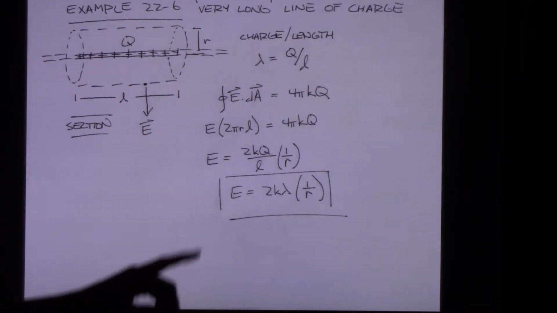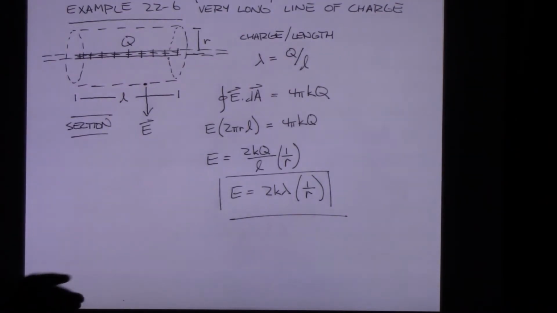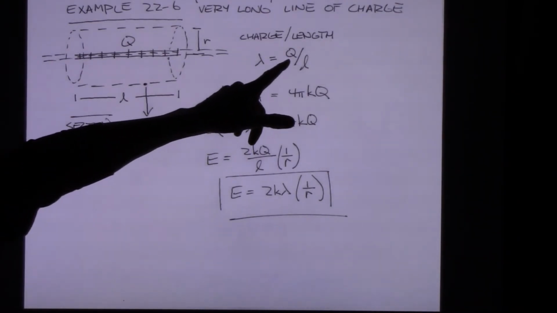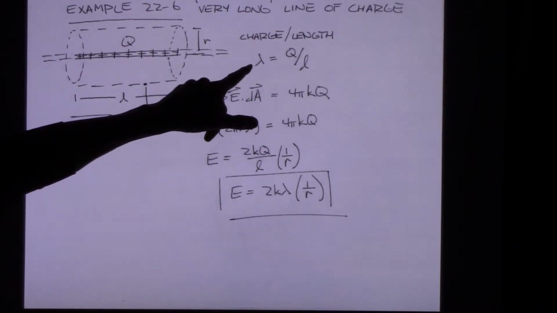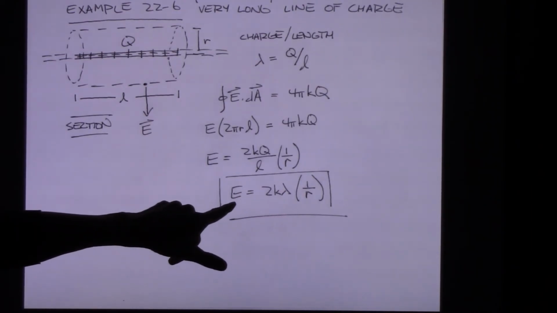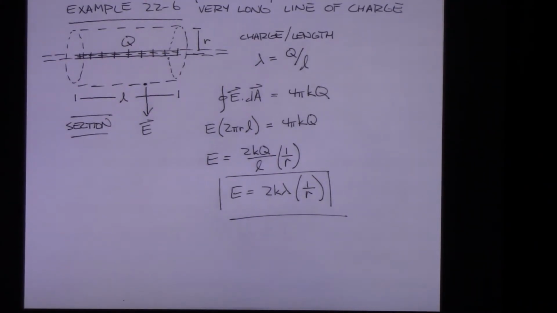Now, we can't really say what the total charge is because we haven't been clear about how long the charge distribution goes on. But what we did instead is we said there's a certain amount of charge per length, and that can be represented by lambda. So the Q over L gets replaced by the charge per length. So the electric field is 2k lambda times 1 over r.